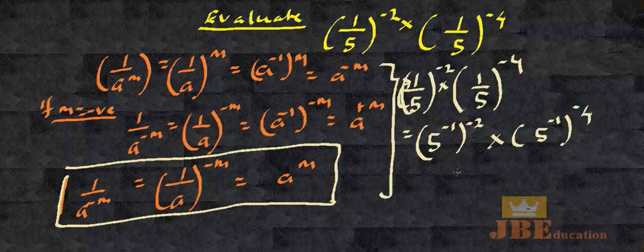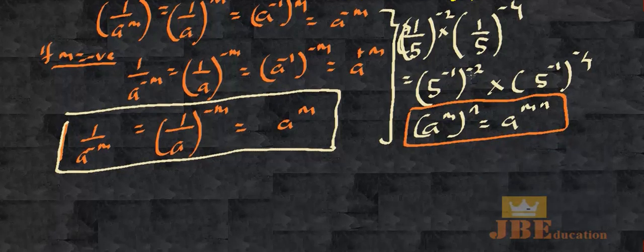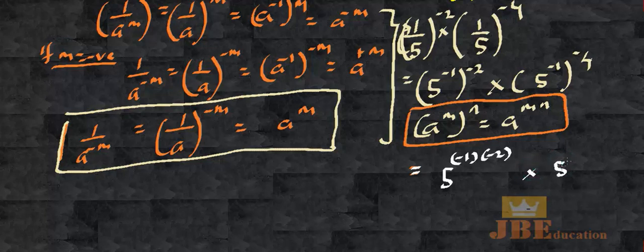Now, as I mentioned to you, we can use this formula, which is a raised to the power m raised to the power n is equal to a raised to the power m times n. So by using this formula, I can clearly write 5 raised to the power negative 1 raised to the power negative 2 as 5 raised to the power negative 1 multiplied with negative 2, followed by 5 raised to the power negative 1 multiplied with negative 4.